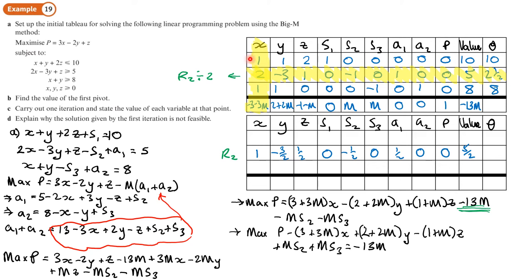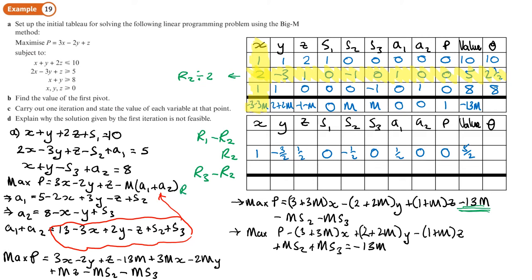Okay, how am I going to get 0 in this box here? I'm going to take my row 1 and minus row 2, and I'm going to do the same in row 3. Row 3, I take away row 2. And then in the bottom row, I need to add basically this lot of row 2.